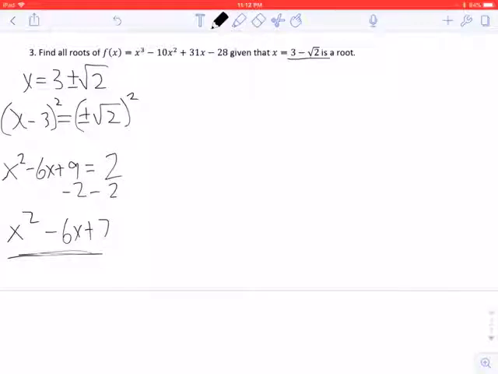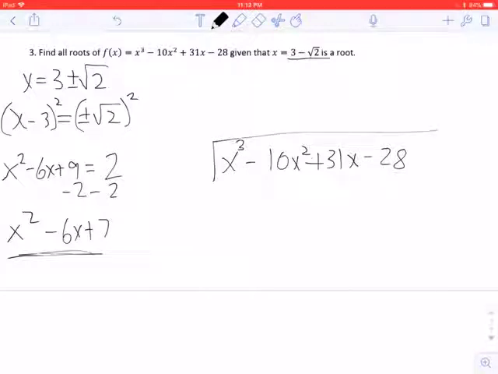So if we divide our cubic that we're trying to find the roots of by that quadratic, so if we divide this by x squared minus 6x plus 7, we should get a remainder of 0, and then we'll be able to solve the remaining function.